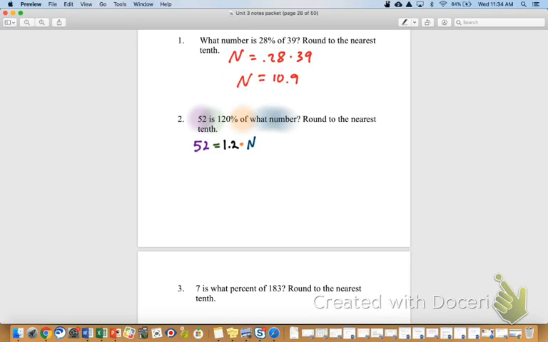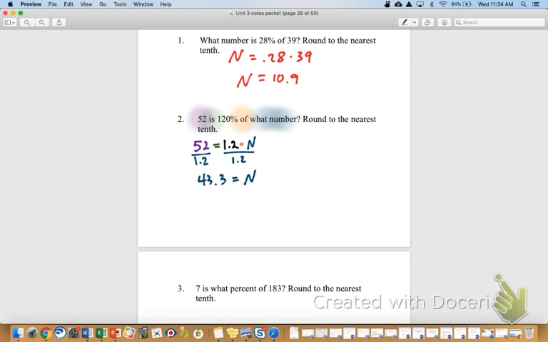So if I'm solving for n, what's the algebra step I need to do? Division, yeah. Division by 1.2. So I get n is equal to 52 divided by 1.2. And is that 43 number that I saw? 43.3. Okay, so 43.3. Rounding to the nearest tenth, 43.3 is equal to n.